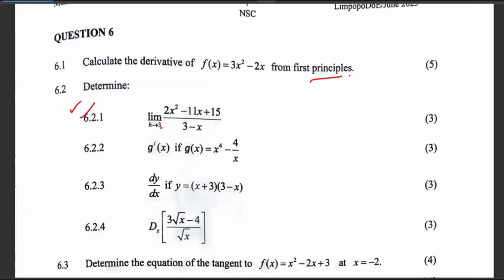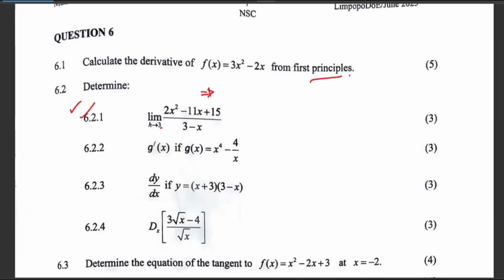Now, it doesn't make sense if the question says the limit of h tends to 3. It should be like the limit of x tending to 3. That would be the reasonable expression to use, not necessarily h. I don't know why they used h in this case.